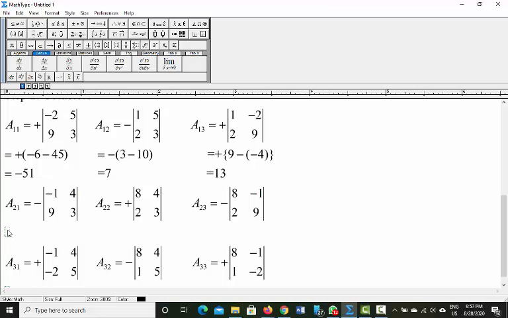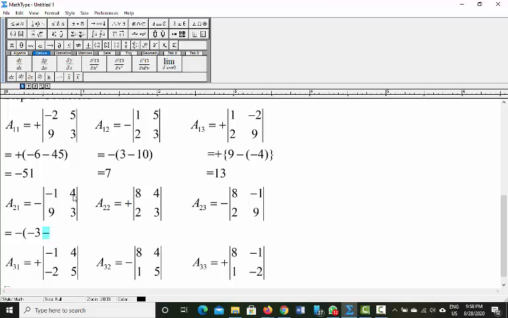Now we will calculate this one. There is a minus before this one, so we will write the minus. Now we will multiply the right diagonal elements first. This one multiplied by this one, so that is minus 3. And this is the minus of the formula.